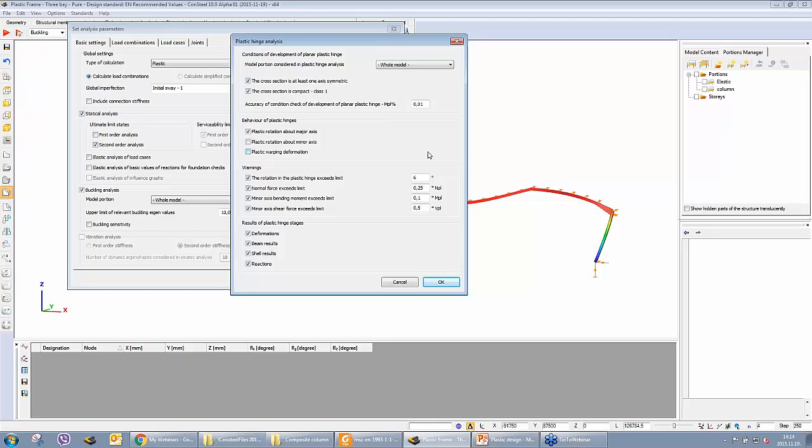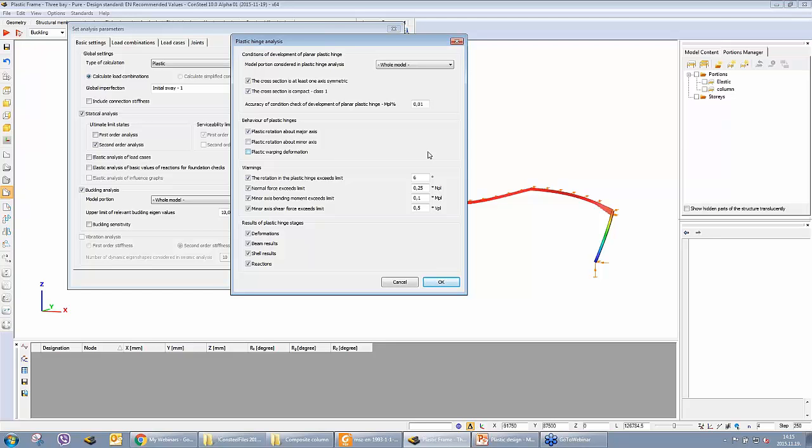At the moment in ConSteel, the plastic hinge is just an in-plane plastic hinge, so it is a major axis plastic hinge due to the major axis bending moment. But if we calculate out-of-plane behavior as well, and we consider, for example, that an I section is fully plastic, then the flanges are also in a fully plastic state.